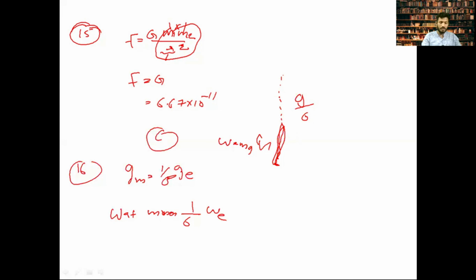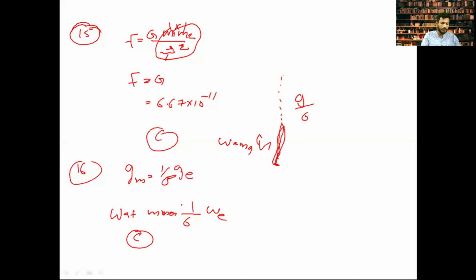No weight means weight lesser than at Earth. So the answer to the 16th question is option C: rise with acceleration g/6 on the moon, because there is g/6 times lesser acceleration due to gravity than at Earth.